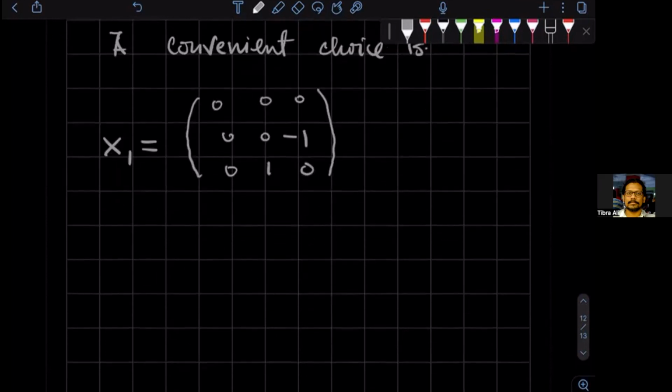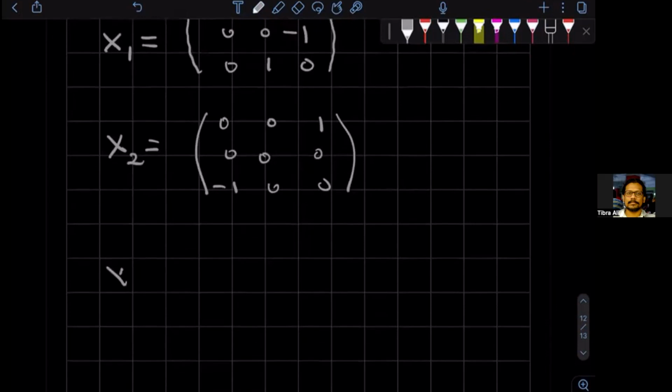So X1, this is the first row and column are 0. And X2 will have its second row and column 0. And X3 will have its third row and column 0. Okay?